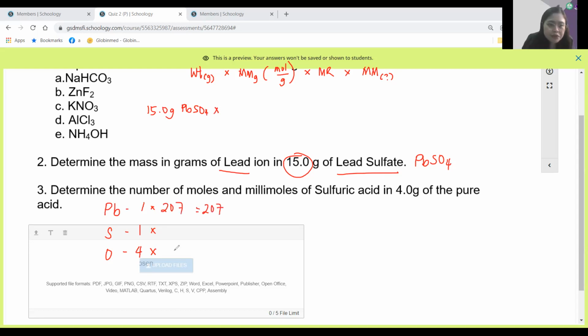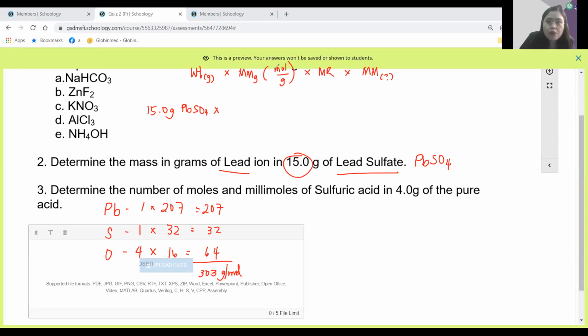Okay, very good. 207. And then for sulfur? 32. 16 times 4, this is 64. So let's add this. 207 plus 32 plus 64 is 303 grams per mole.